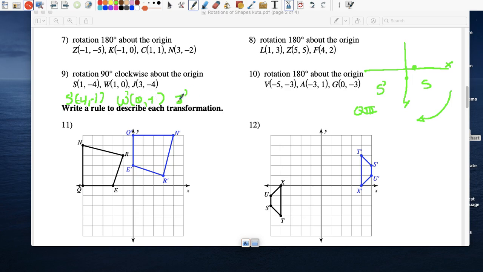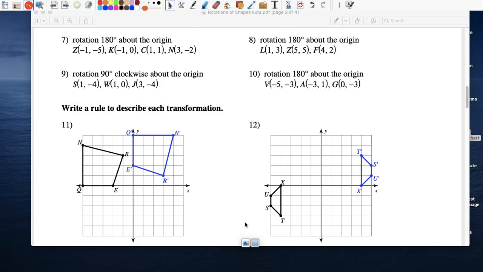J prime. Where is J first of all? J is 3 and negative 4. J is currently in quadrant 4. It's going to go 1 over, and J prime is going to land in quadrant 3. And in quadrant 3, everybody's negative. So switch the numbers, and then make sure both of them are negative. And that's the answer.